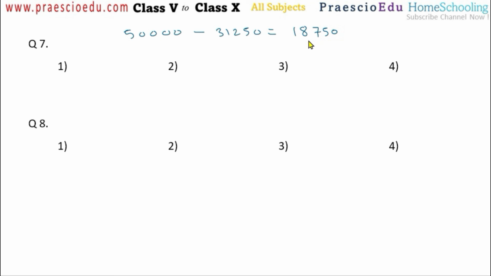This much amount is distributed as scholarship to the 15 students who come in merit. So divide by 15. 15 ones are 15, 3 balance 37, 15 twos are 30, so 7 balance 75, 15 fives are 75, and then 0. So 1250 rupees is distributed to each student as a scholarship, and this is given in option number 1.